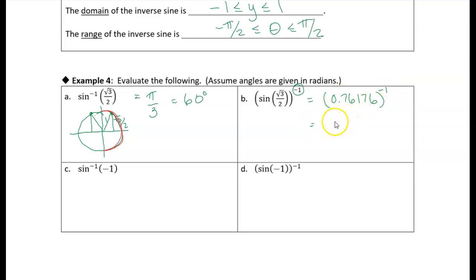So if I take the reciprocal of that, I get 1.3127. So make sure you know the difference between the inverse and the reciprocal, or the minus 1 exponent.